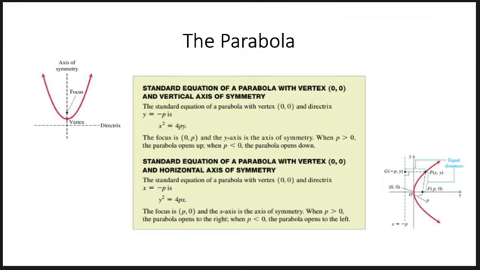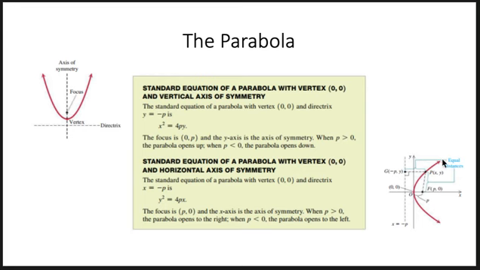In the first screencast, we focused on the equations and graphs of parabolas where the vertex was at the origin, or the vertex was at (0, 0). You'll remember that those equations, if the parabola is facing up or down, is x squared equals 4py.